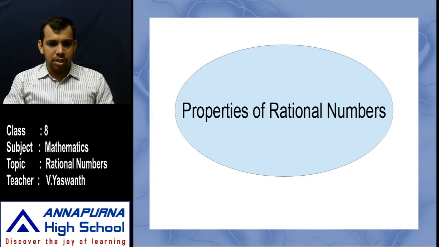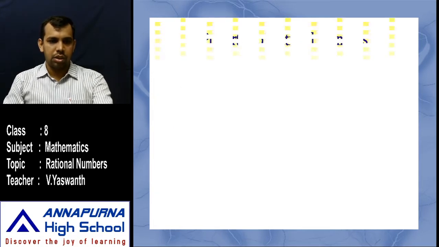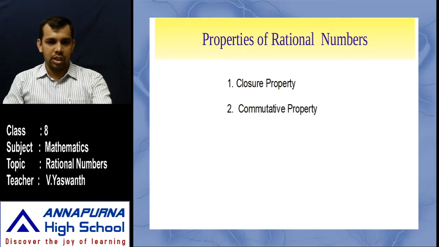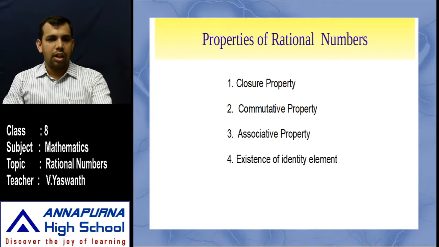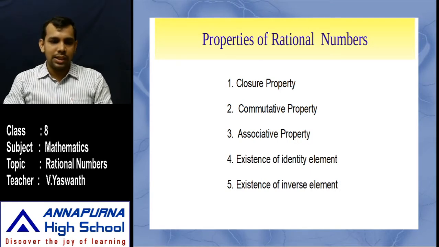What are the properties of numbers? We already discussed them in the last video, so first we recall them. One is closure property, another is commutative property, another is associative property, another is existence of identity element, and then existence of inverse element.